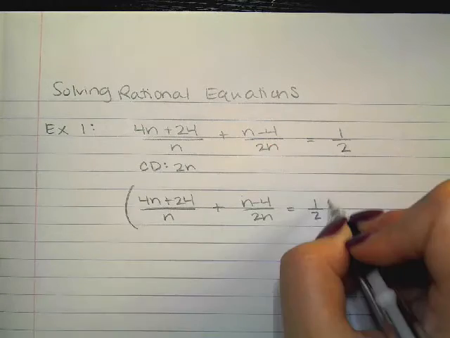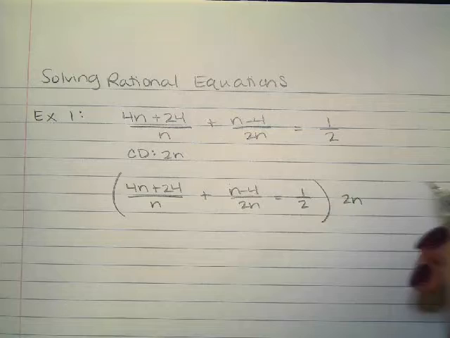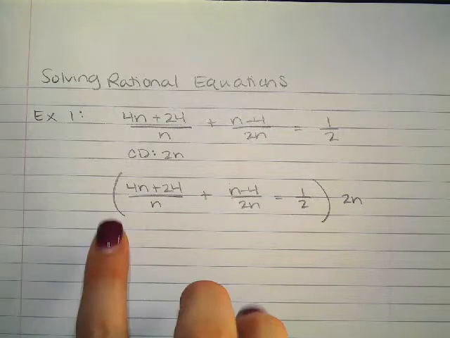What I'm going to do is take the entire equation and multiply it by 2n. The reason I can do that is because I'm multiplying the left side of the equation and the right side, so it keeps the equation balanced because I'm doing it to the entire equation.